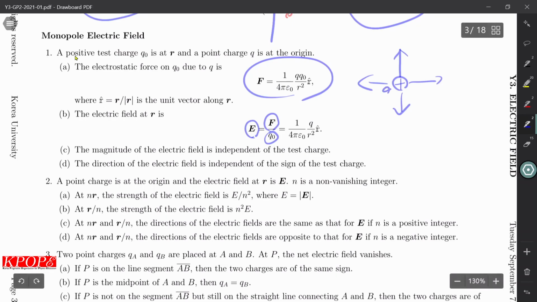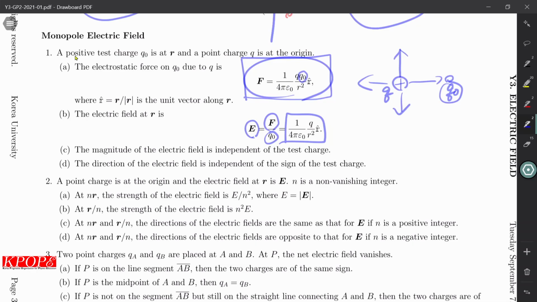So this Q is the source, and if we have a test charge Q0 at some point, then the electrostatic force can be computed by making use of Coulomb's law, and then you divide by this charge Q0, and you'll find the electric field. So the electric field is exactly the same as the Coulomb force, except that we have replaced QQ0 with Q. So we have removed the amount of charge for the test charge.